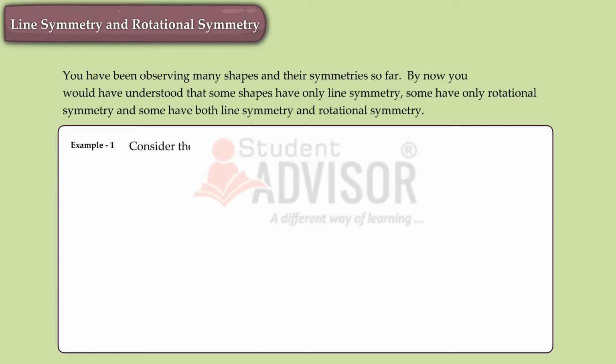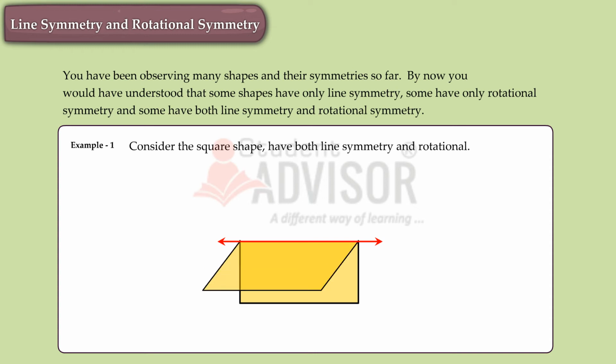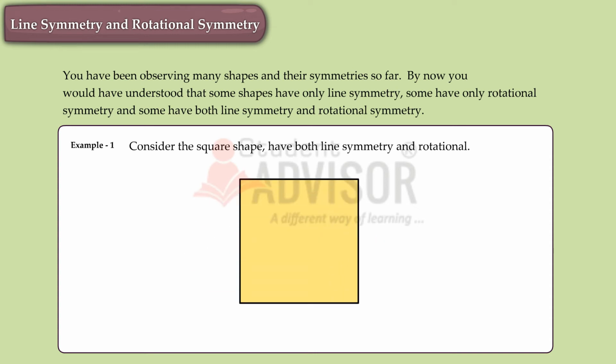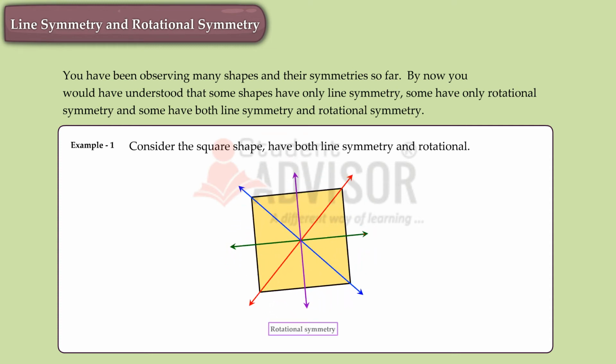Consider the square shape. It has both line symmetry and rotational symmetry.